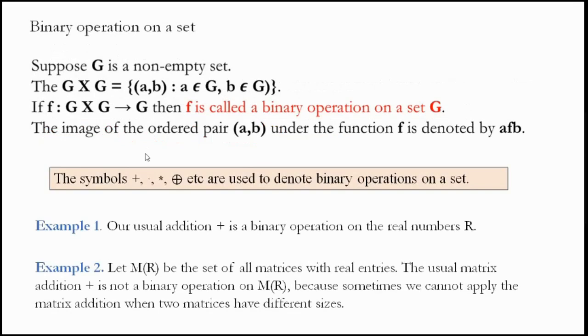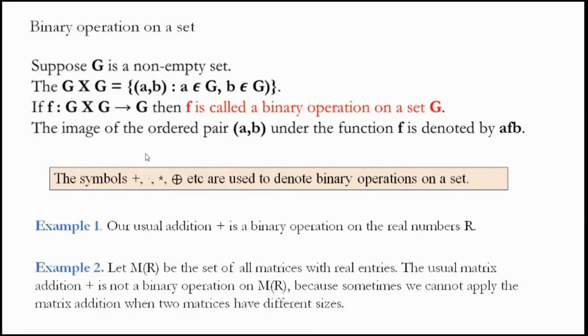So here we have seen an example. Suppose G is a non-empty set. G cross G is equal to (A, B), where A belongs to G and B belongs to G. After performing the multiplication G cross G, the resultant will be in the same set.